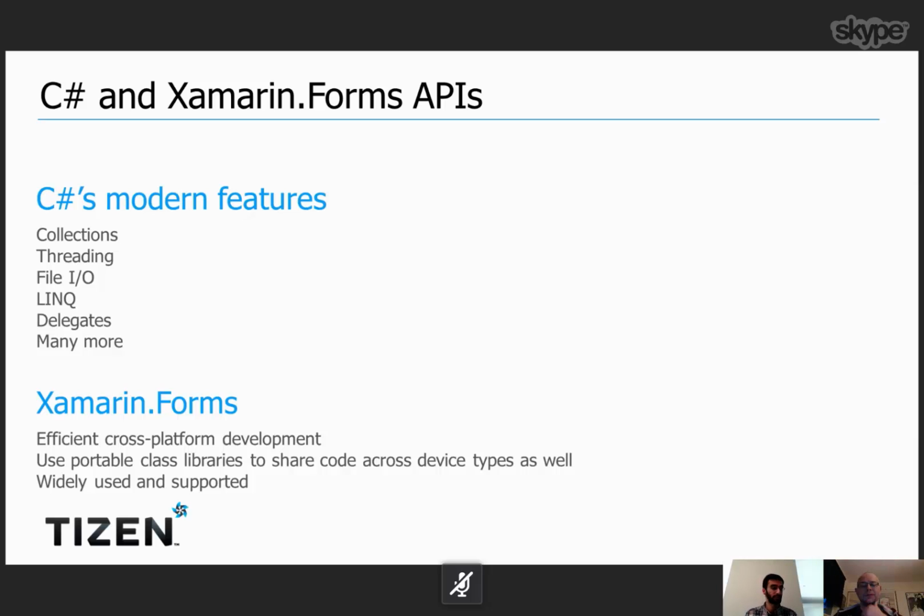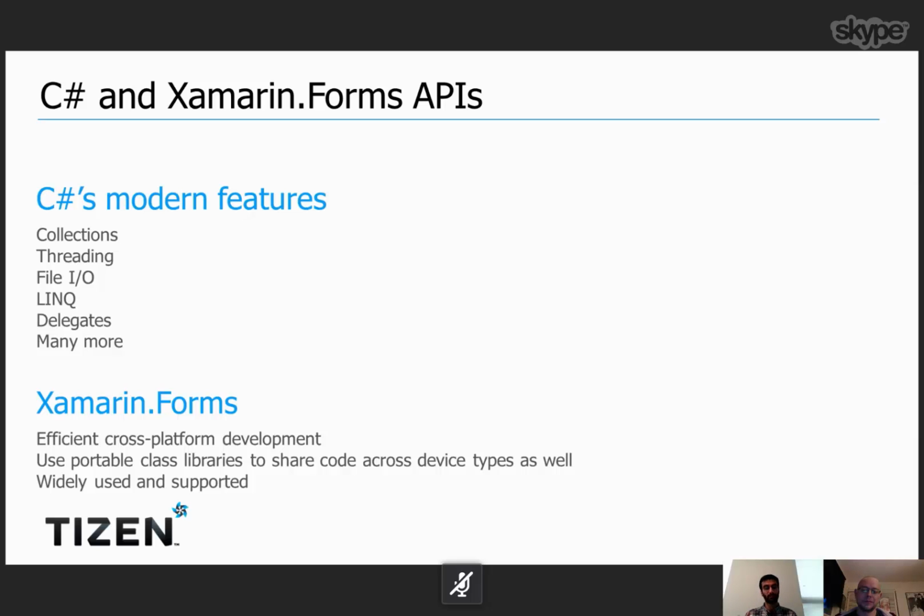With C# you have unprecedented access to great features such as collections, threading, file I/O, LINQ, delegates, and many more features. And then with Xamarin Forms, you can use a strong toolkit to easily develop cross-platform applications. So it can reach users on Tizen, as well as Android and iOS and Windows users who you may have already been reaching out to before. So this is what it means for you. This is what you can use.